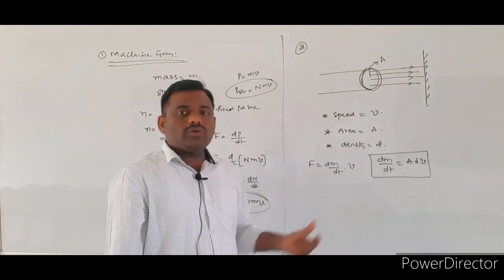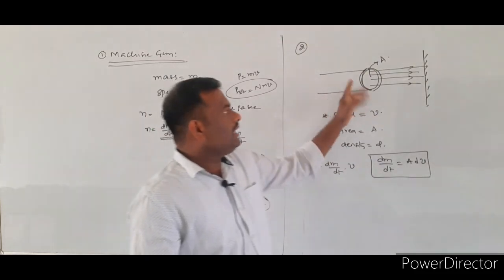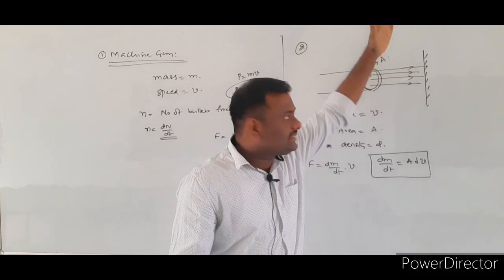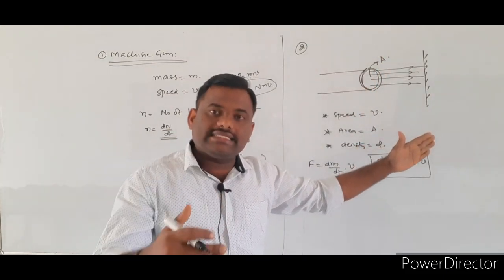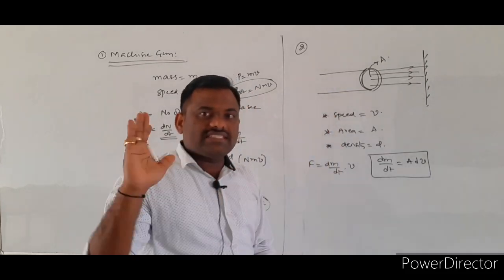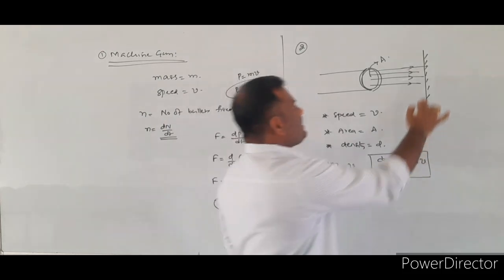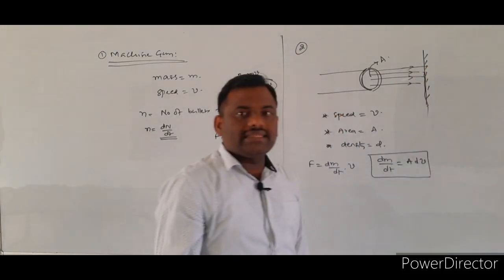Now we are going to calculate the expression for the force whenever the water jet strikes the vertical wall and dies. Dies means the water does not rebound back. After striking the vertical wall, the water just slides along the length of the wall.